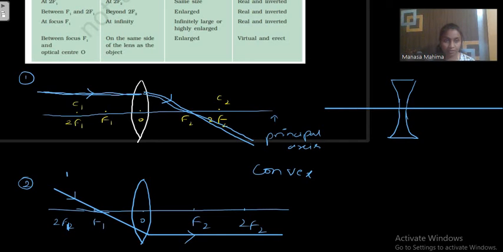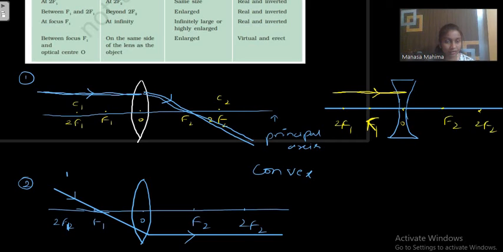The straight line passes through this, and here we have to mark F1, 2F1, F2, 2F2, and this is O. And if we consider the ray that is made to fall on the lens parallel to the principal axis, how will it undergo refraction?